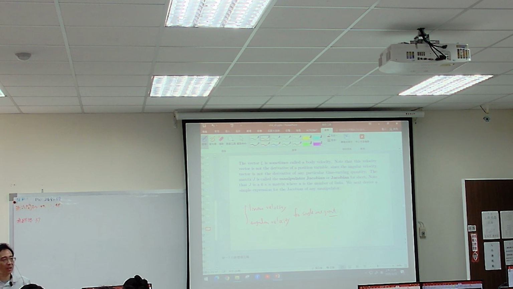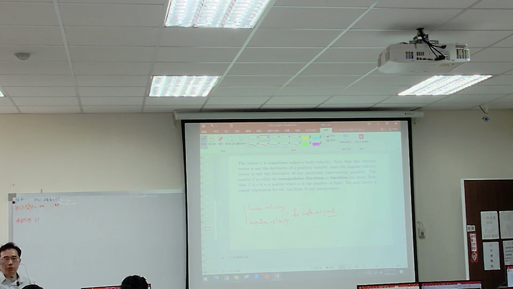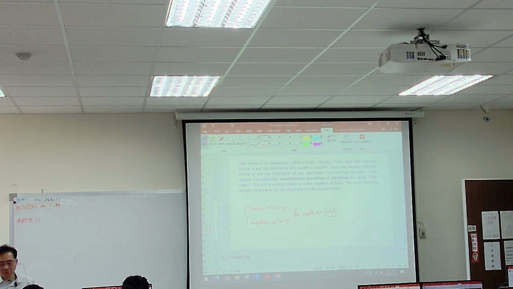So it's not exactly what we expect from the time derivative. For example, we have the position x, then we have the velocity x dot and acceleration, something like that. What I am trying to explain is we do not come through that path. We come through a very weird path, where we differentiate into two categories. So that's why Jacobian is so special, because it's not a regular one. Okay, that's what I try to say.